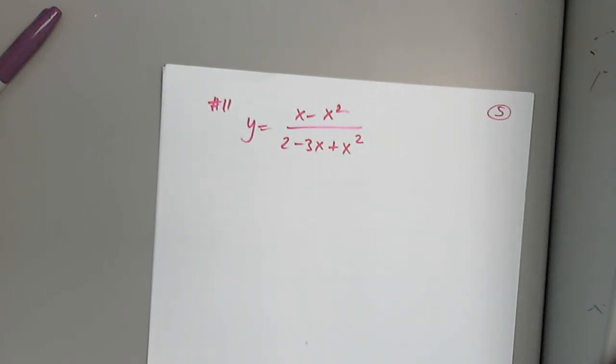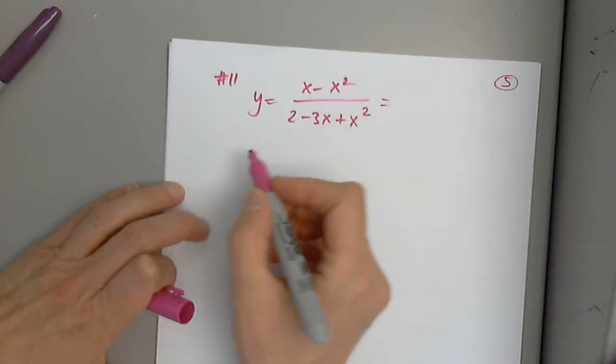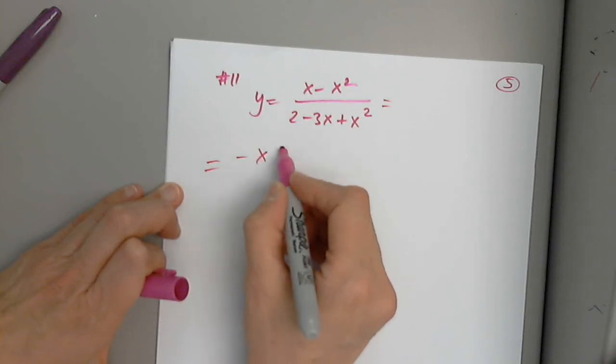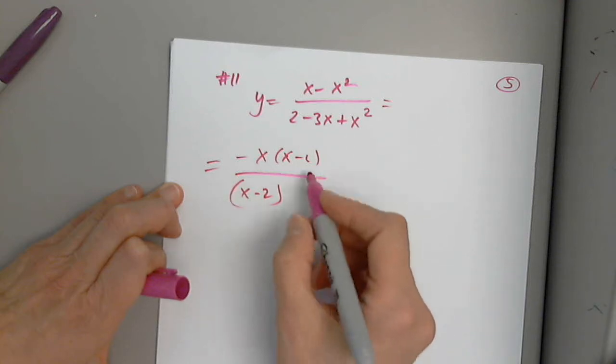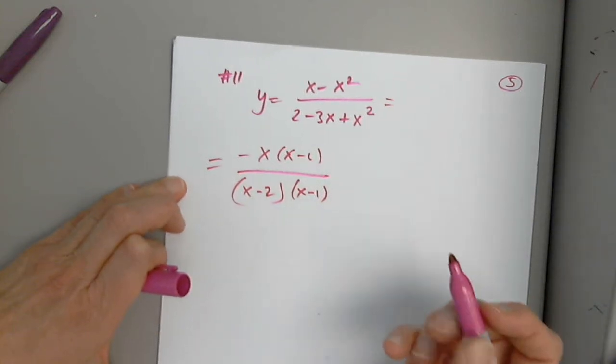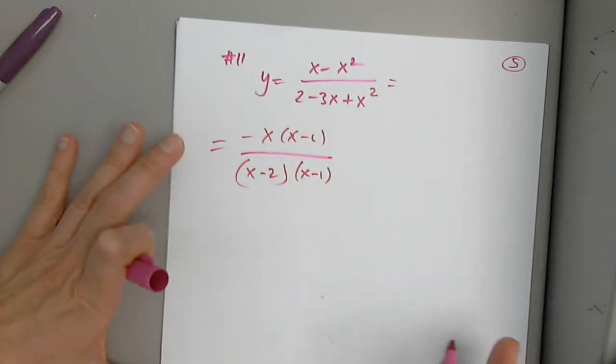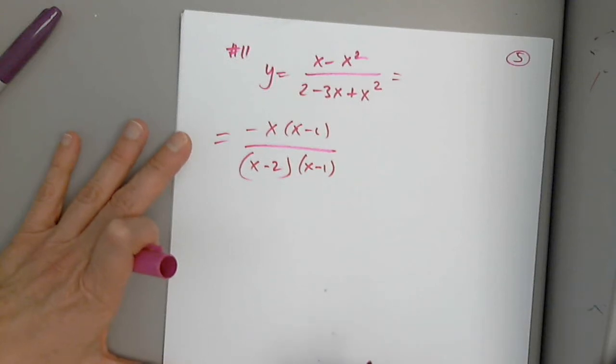Factoring? So first you have negative x and x minus 1, and then you have x minus 2 and x minus 1. And what is the problem from here? We have done this.